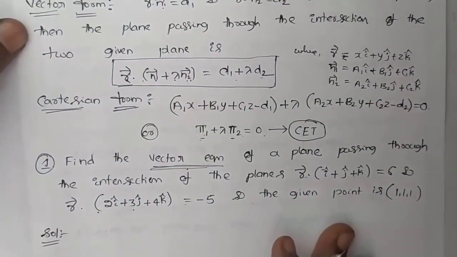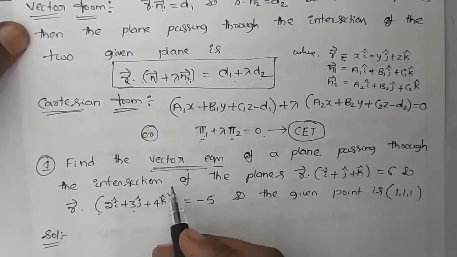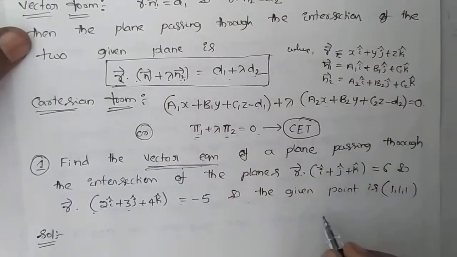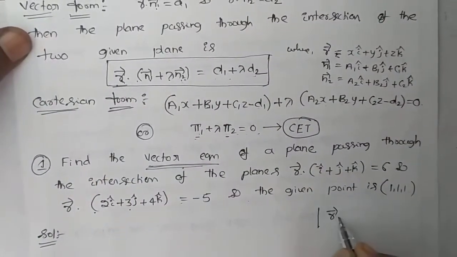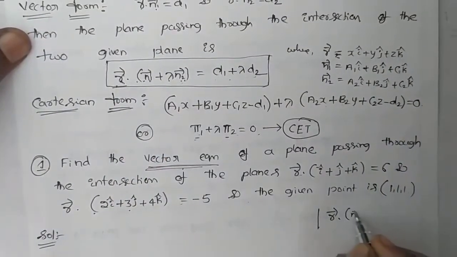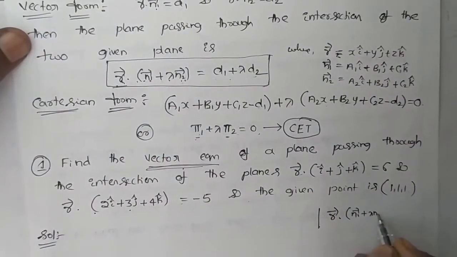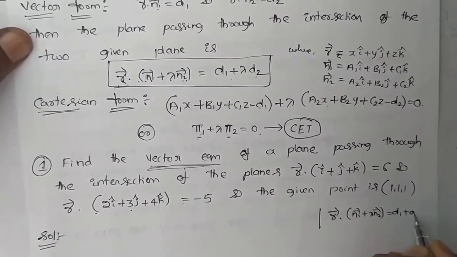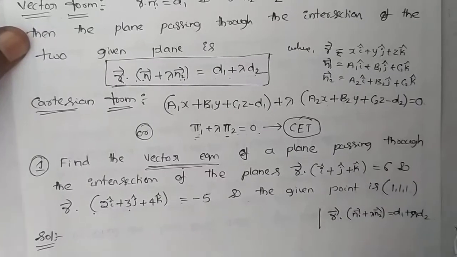You just recall the vector equation of the plane. The vector equation of the plane will be r dot n1 plus lambda times n2 equals d1 plus lambda times d2.